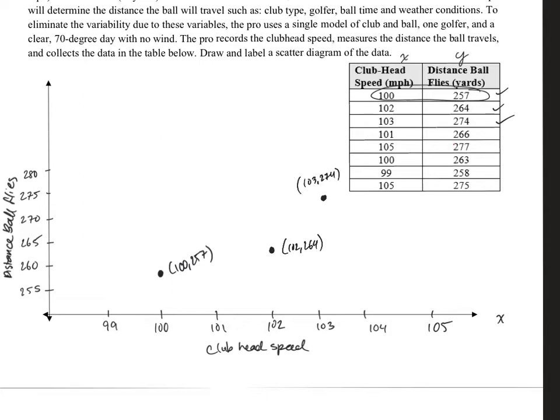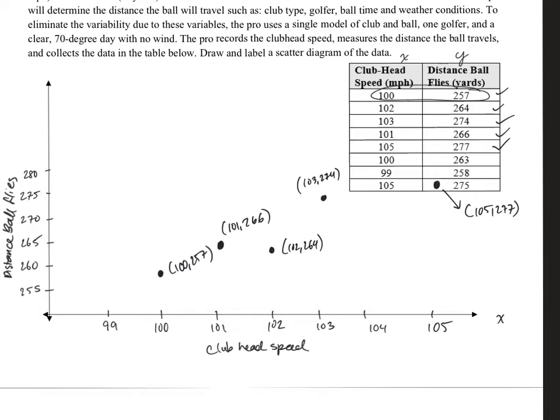We're going to run into the chart. Okay, so 101 and 266, a little higher than the 265. Then 105, 277. Oops, it looks like it's inside our chart here, so for labeling it, I'll draw an arrow.